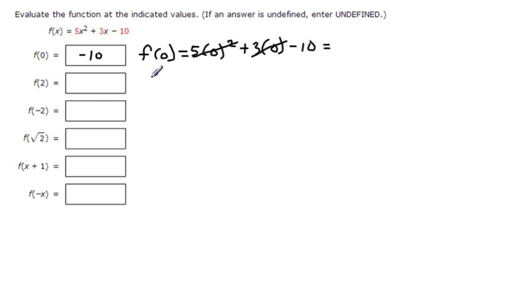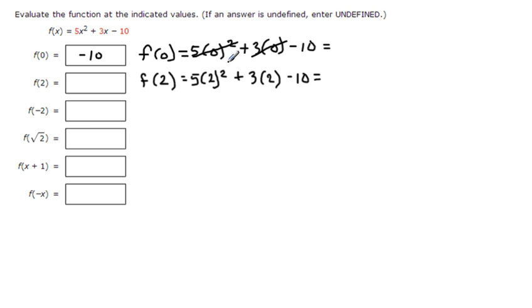Let's do the second one here, f of 2. We're going to do the same thing that we did with 0, plug in 2. So 5 times 2 squared plus 3 times 2 and minus 10.